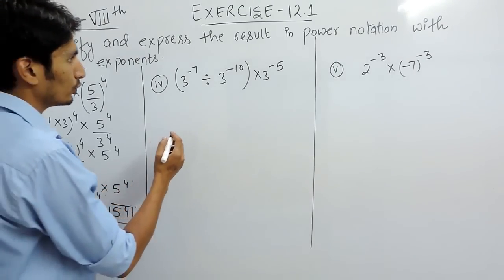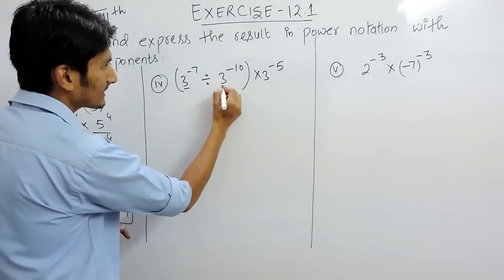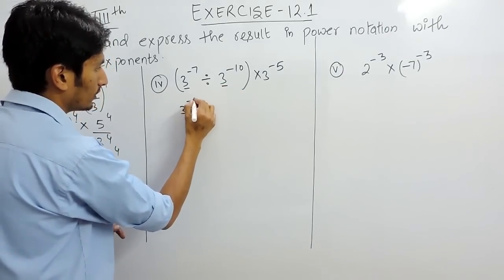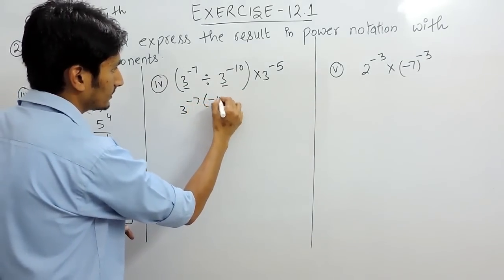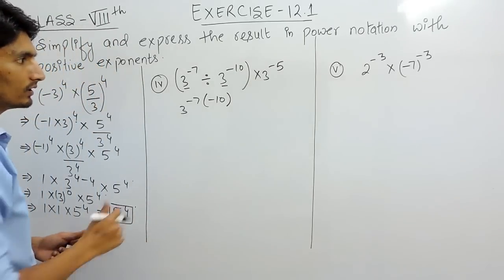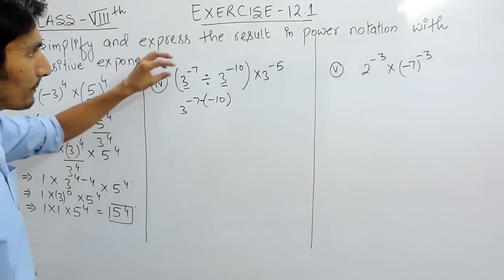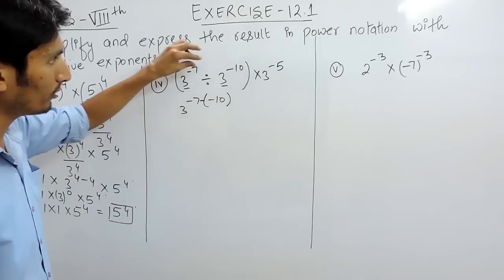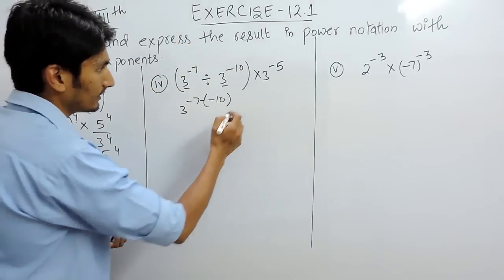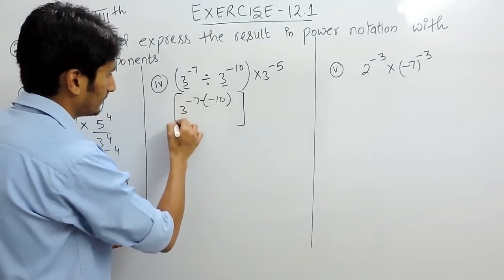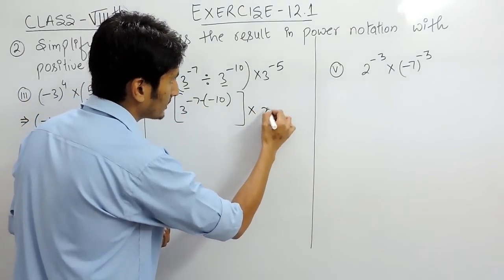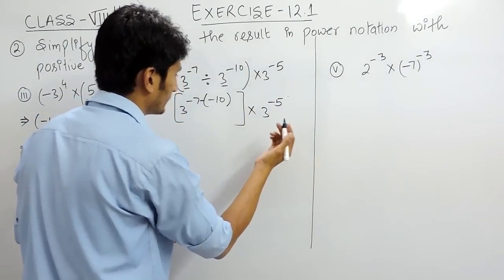In the second part also, the bases are the same, so we have to subtract the powers. We have to subtract this value from this, and this is one part, and this is multiplied by 3 raised to power minus 5.